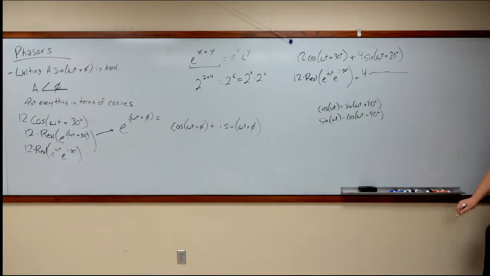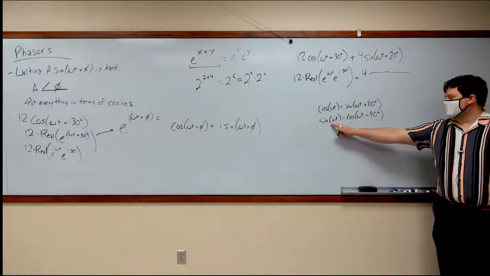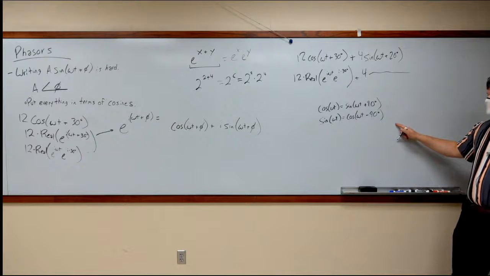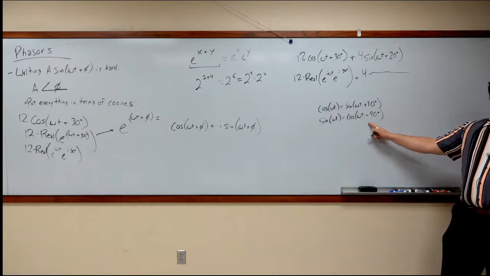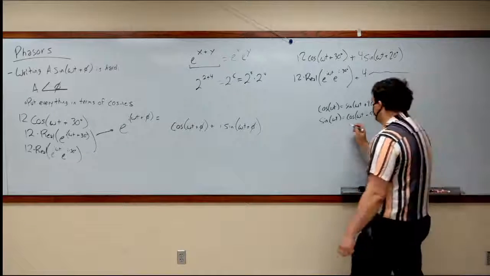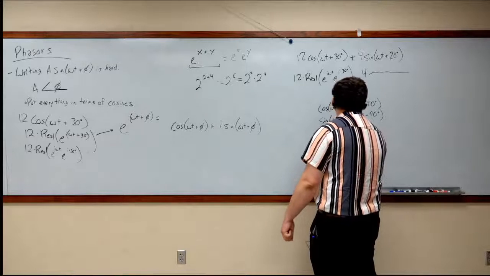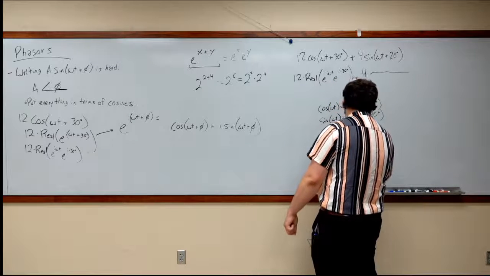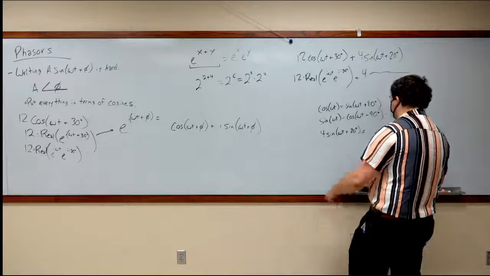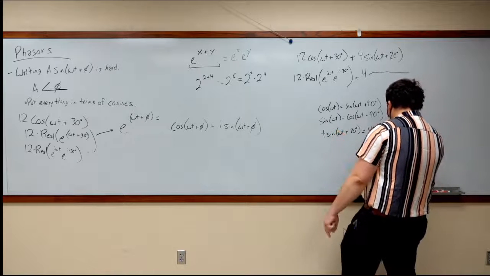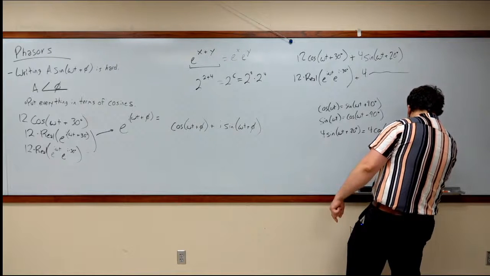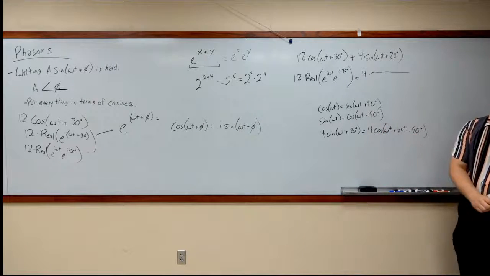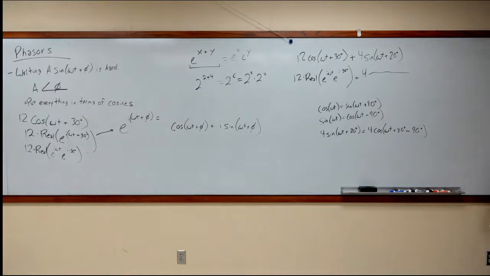But what we can do here is use this function to convert a sine into a cosine. So 4 sine omega t plus 20 degrees is equal to 4 cosine omega t plus 20 degrees minus 90 degrees. It's that easy, slapping on a minus 90.